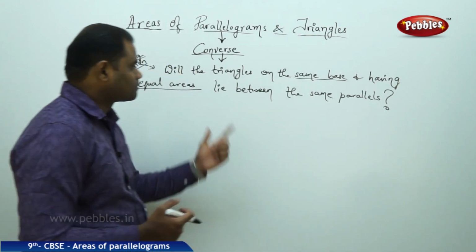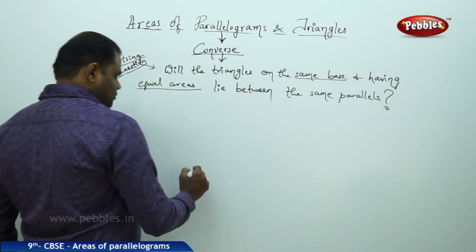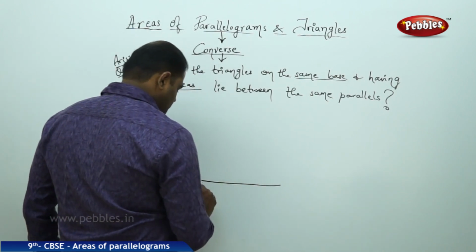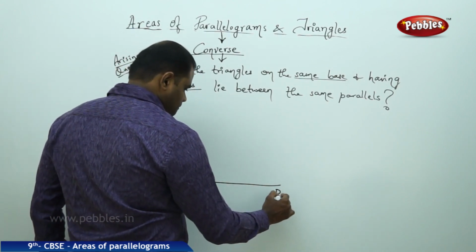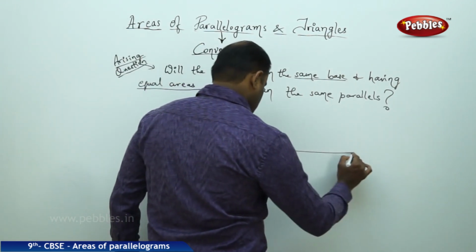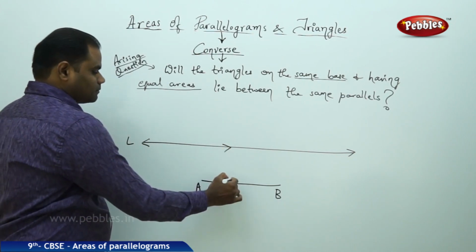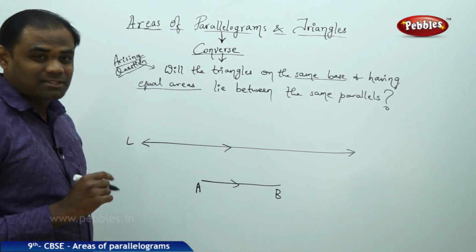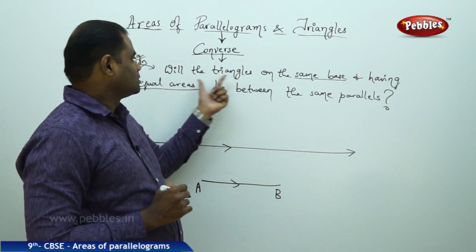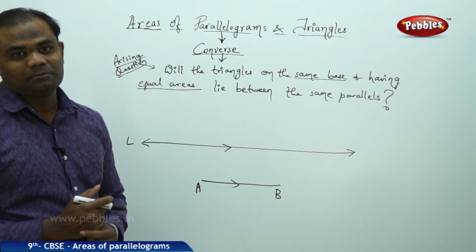So let's see how we can understand this concept. Imagine I have the same base AB, and let me take a line L which is parallel to AB. Now let's take two triangles which are on the same base and having exactly equal area.